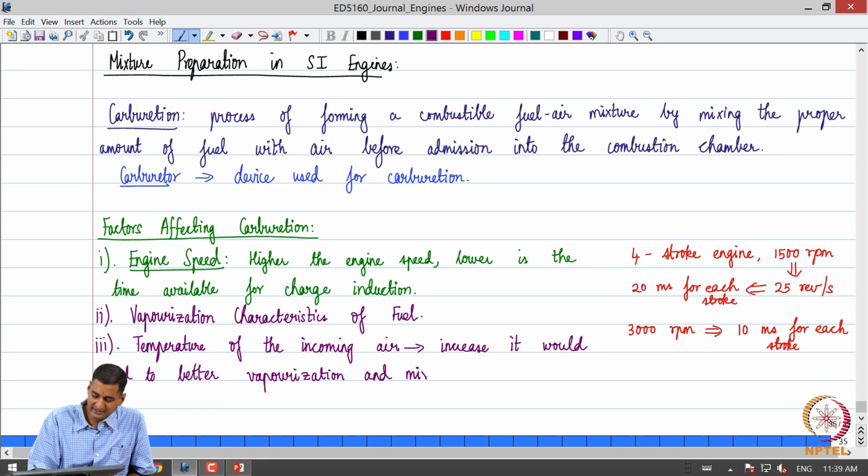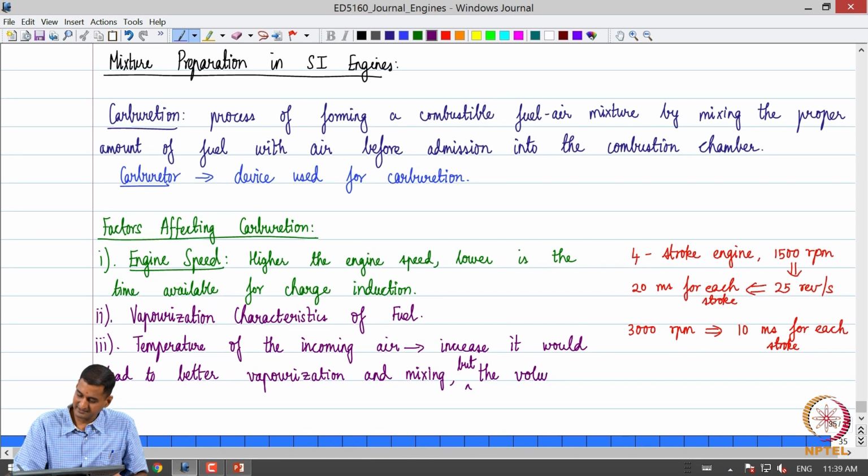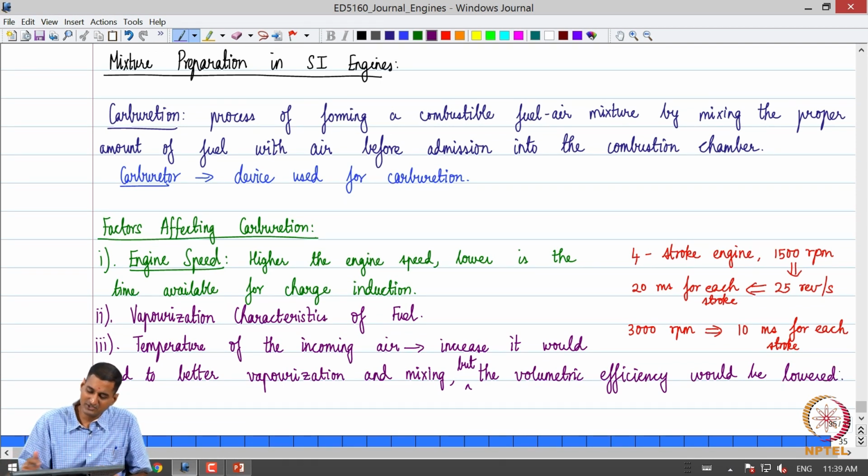However, even if we ensure that knocking is avoided with a small increase in temperature, the volumetric efficiency would be affected. So we have to balance all these factors.